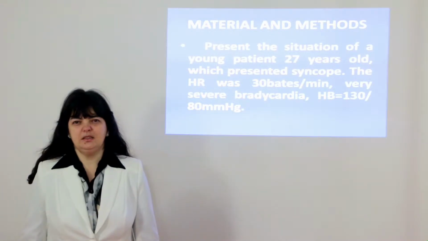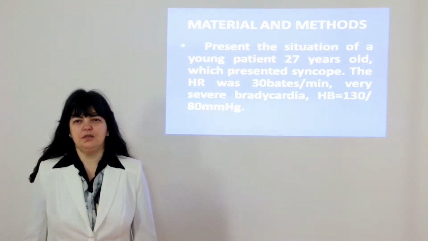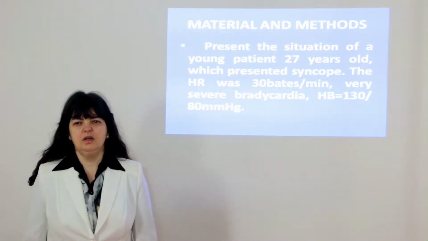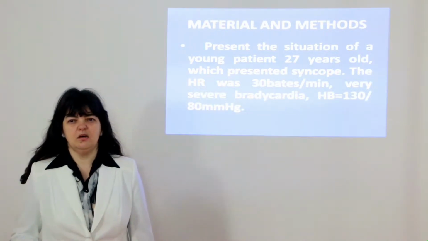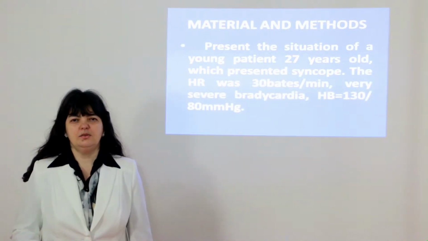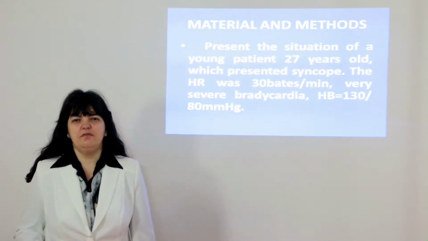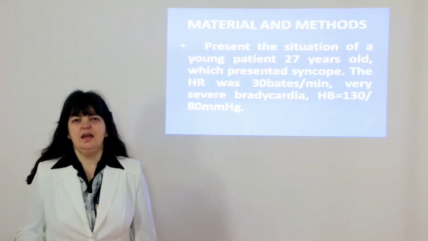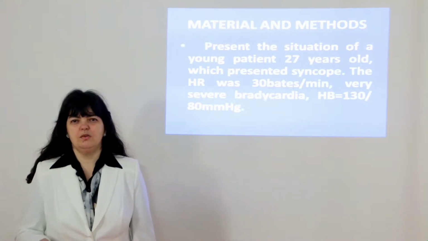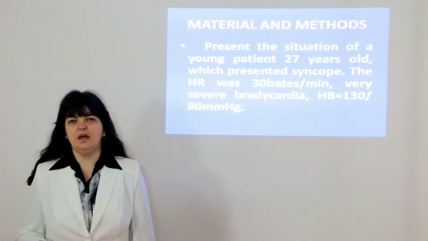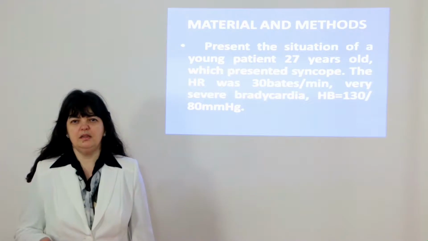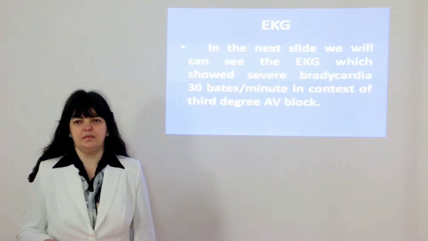I will present the situation of a young patient, 27 years old, who presented a syncope, and the heart rate was very low, 30 beats per minute, a very severe bradycardia, and the value of blood pressure was in normal range, 130 per 80 millimeters of mercury.